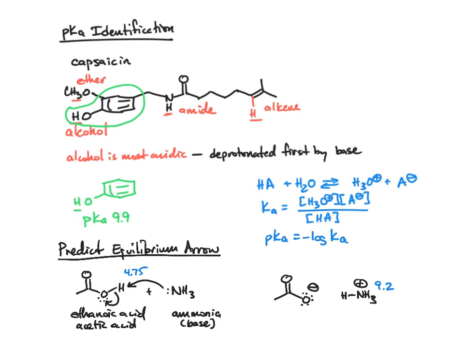Which is going to be favored, the right side or the left side? The right side, because it's pointing towards the weaker acid-base pair. So I would draw that with a longer arrow this way and a shorter arrow back that way. So does everyone understand what we mean by the length of these arrows here?